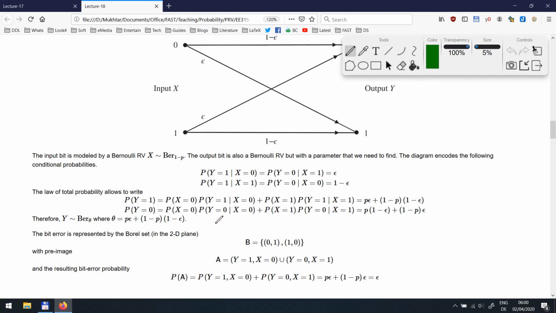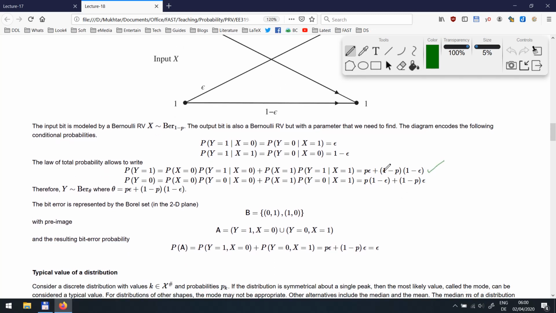So now we know it is Bernoulli, and we know the probability of success is this one. Now instead of writing that whole horrible expression every time, let's call it theta, or you can come up with any name. So my y is now Bernoulli distributed with that theta, and theta is that expression, and we are done with it.